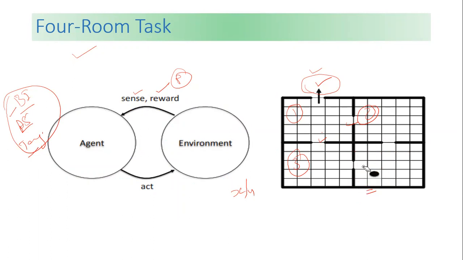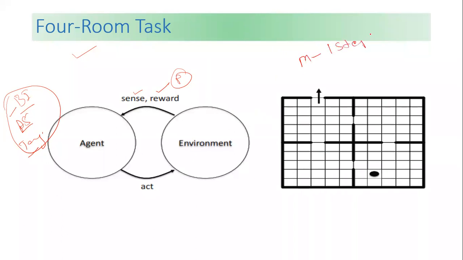Wait for a moment. I will just rub it. Now, what will the possible movements be? The agent can move 1 step.